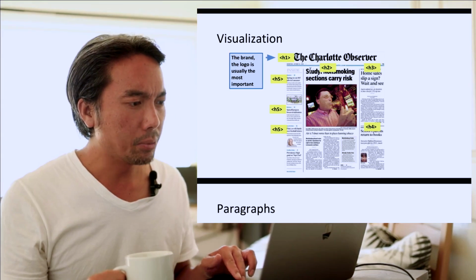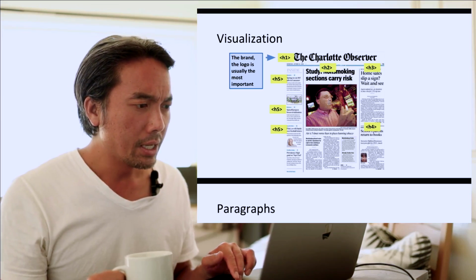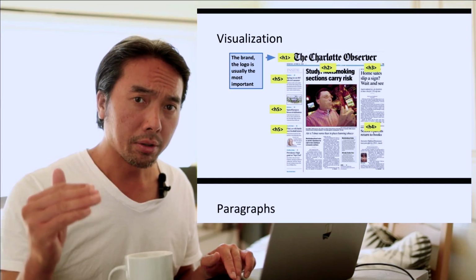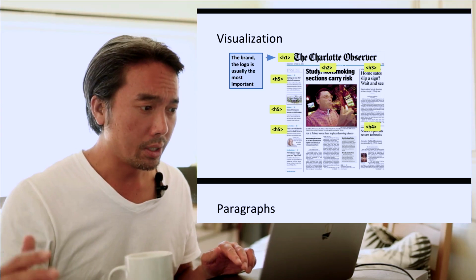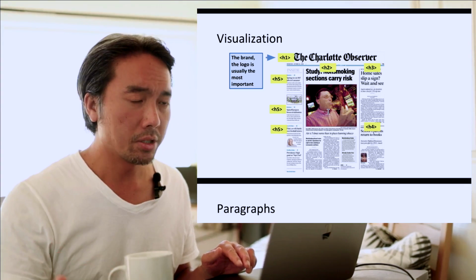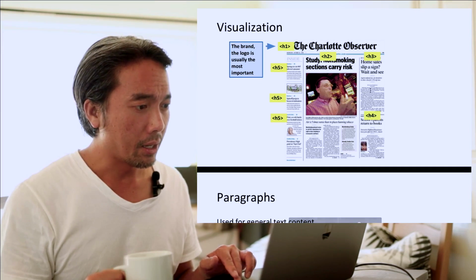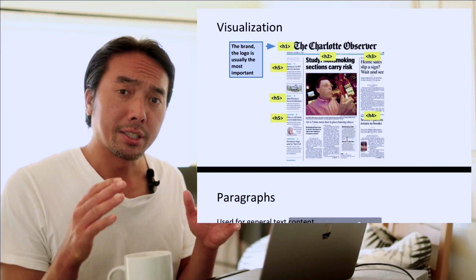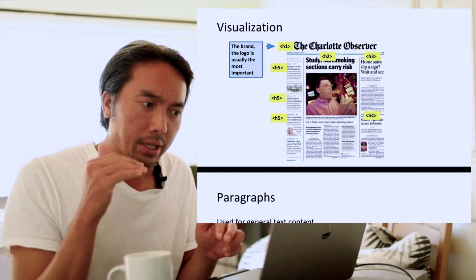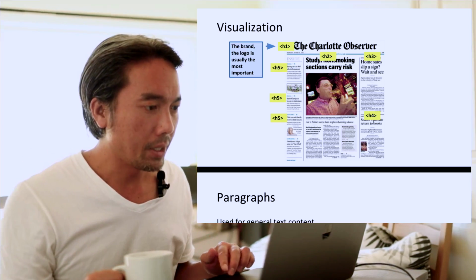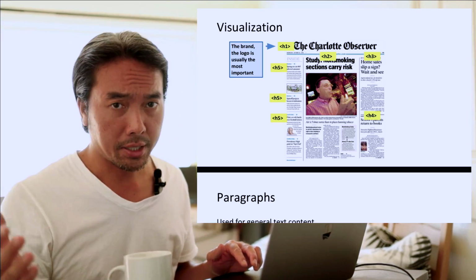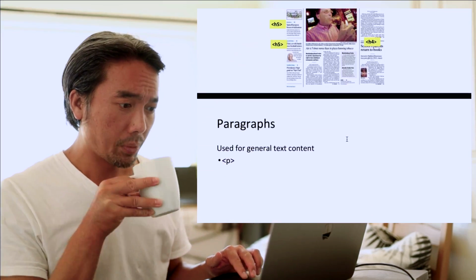The only time you would start using H2 or H3 is if, within the same article, you have subsections, then you would move down the hierarchy and start using H2 for the titles of each of those subsections. But on this newspaper, each of these articles is its own thing, so they each can have their own H1 tag. And now the W3C, last time I checked, says that's okay.